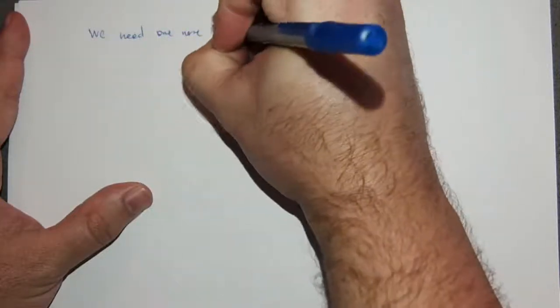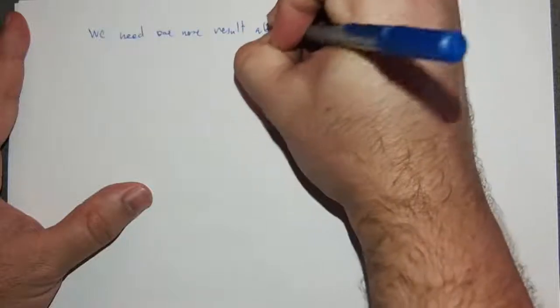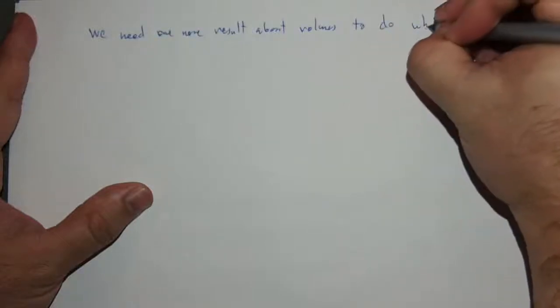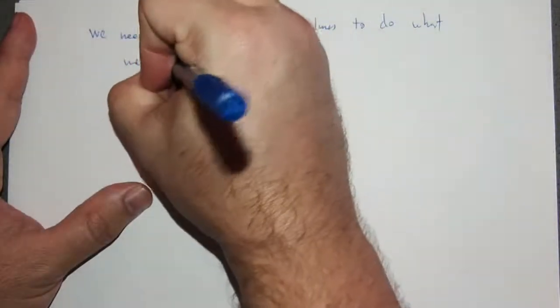So the next statement I'm not going to prove. This is the lemma prior to change of variables in multivariable calculus. So we need one more result about volumes to do what we need.